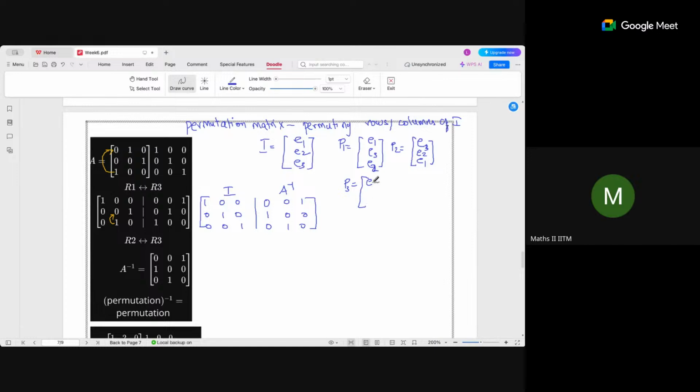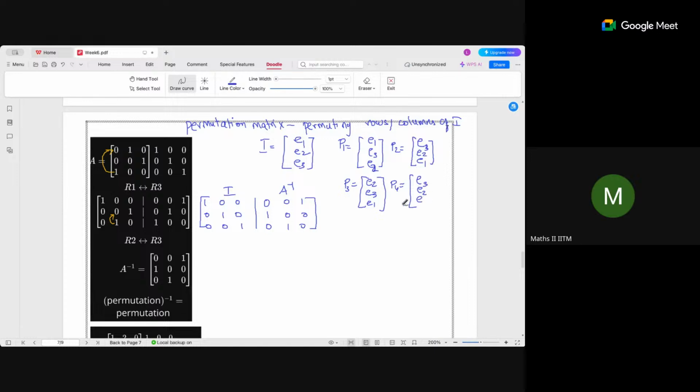So E2, E3, E1. All these kinds of matrices, whatever you get by shuffling these rows. I can put E1 here, E3 here. This is what I already have. So maybe I can put, what are the other options? Any other options? E2 here and E1, E3 here and E1.